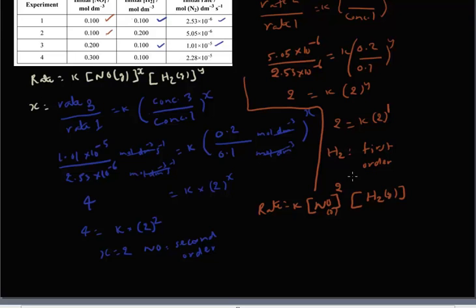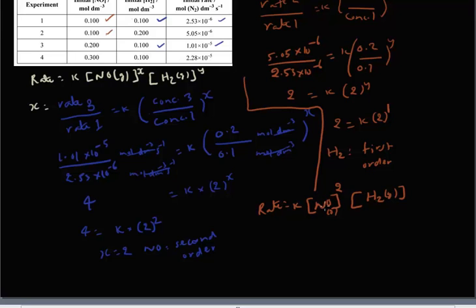When you say the reaction is second order with respect to NO, that means the reaction rate is proportionate to the square of the NO concentration, and it's directly proportionate to the concentration of H2. So between the initial rate and the concentration of NO, there is an exponential relationship.